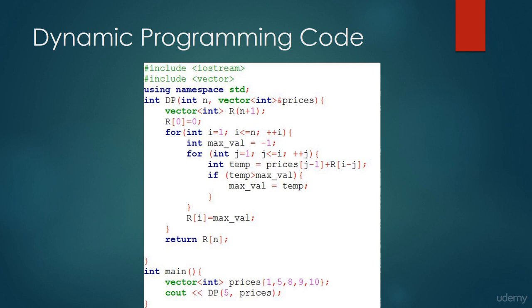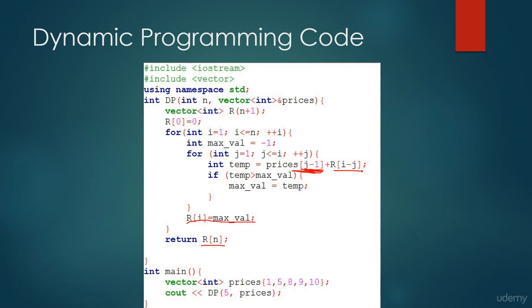Then we do the same loop that we showed in the previous slide. Make sure you're using prices j minus 1, because remember that C++ uses indices from 0 to n minus 1. We should be very careful about the indices here, or you might get unexpected results. And finally, plus R i minus j, and we set Ri equal to max val, and we return Rn.